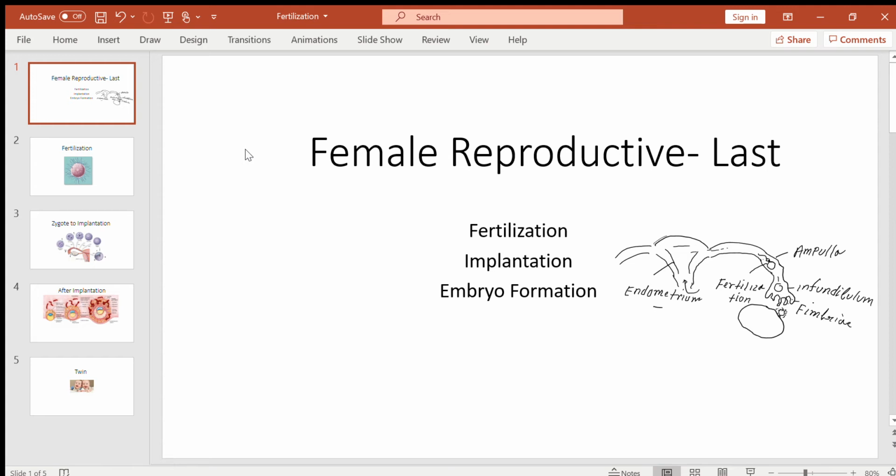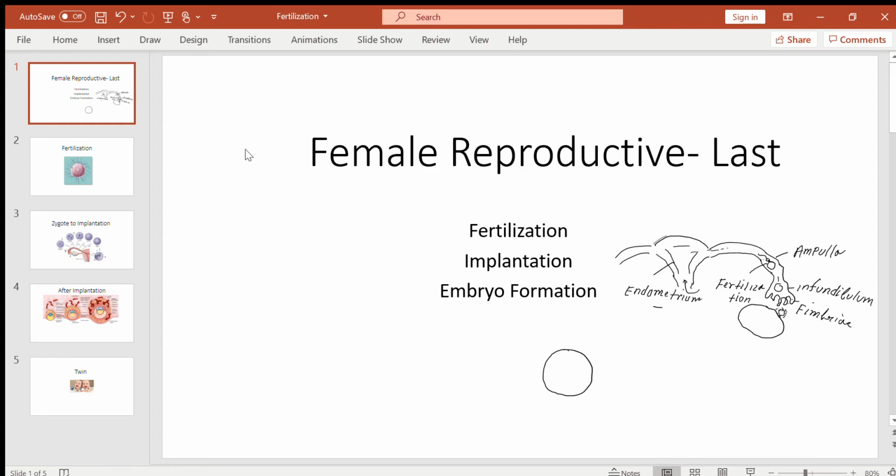So let's see what happens during fertilization. This is the egg or ovum, which is much bigger in size than the sperm.